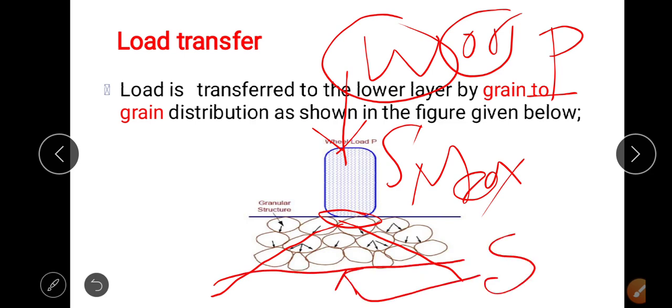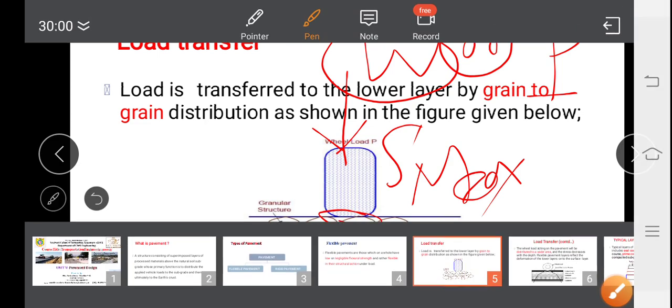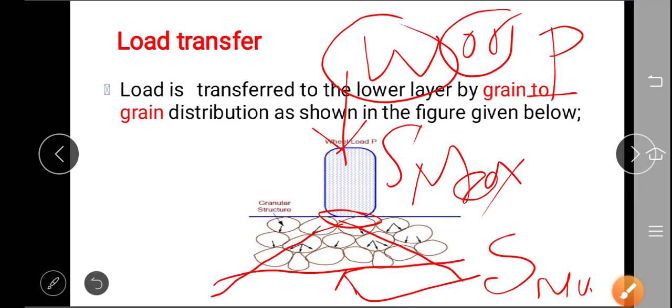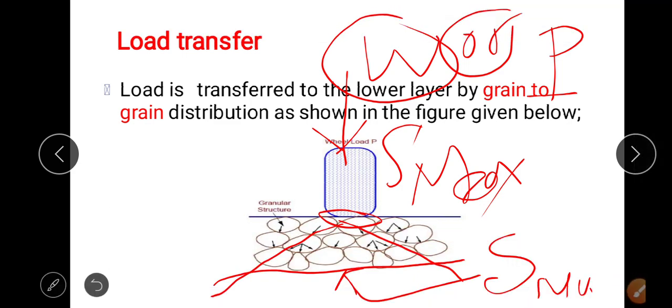Stress will become minimum. Why minimum? Because the area upon which the load is acting is very, very less. Point load, for example, means whole load is applied on a small area. That's why the stress is more.